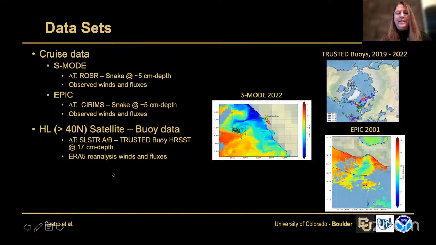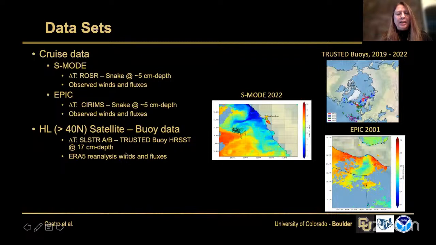For the third data set, we use skin SSTs and buoy temperatures. For delta T, the skin SSTs are from the SLSTR on Sentinel-3 satellites, and the buoys are the TRUSTED buoys, which are special buoys designed to validate SLSTR. They're unique in the sense that their measurements are SI traceable, so they're calibrated.